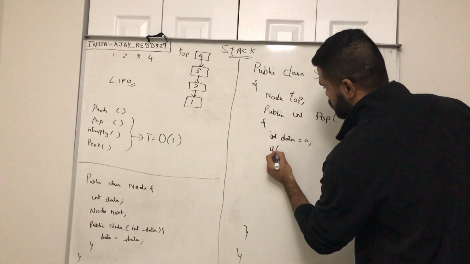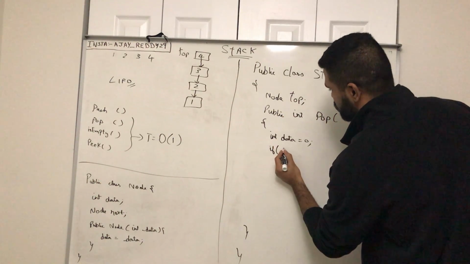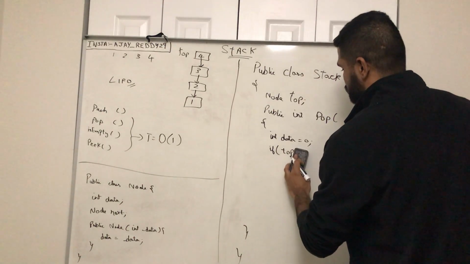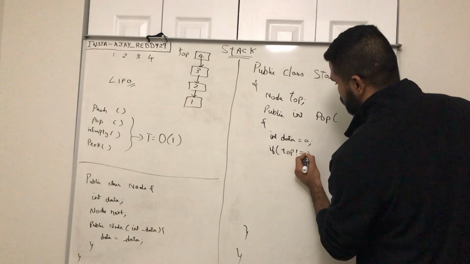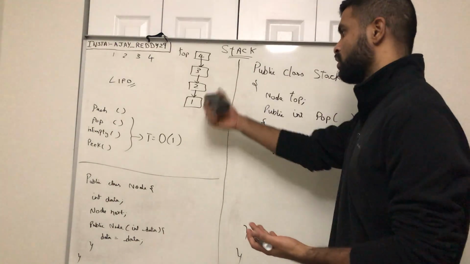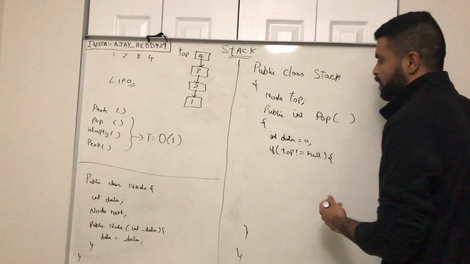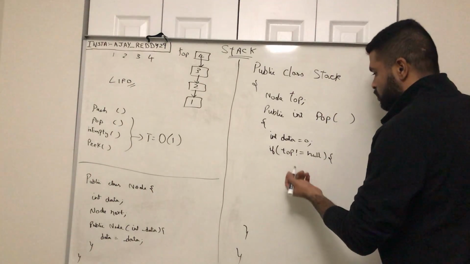So I'll check if top is not equal to null. I'm making sure the stack is not empty. If the stack is not empty, I can remove the element which is at top.